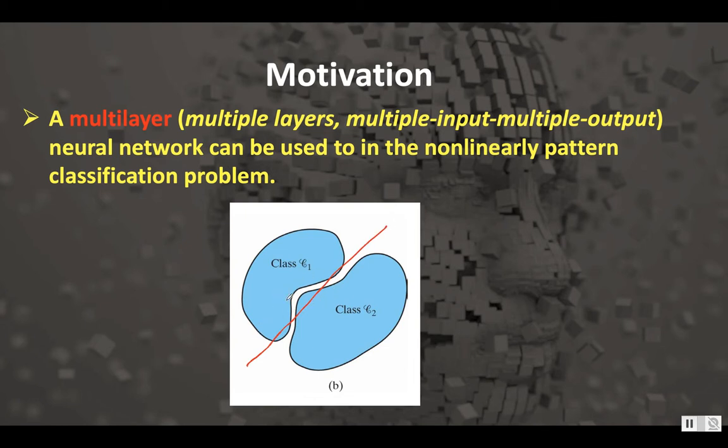No matter how you draw the line, some points are always misclassified, which means a single-layer perceptron cannot handle such an issue. We need a more complicated and more powerful neural network: the multi-layer neural network.